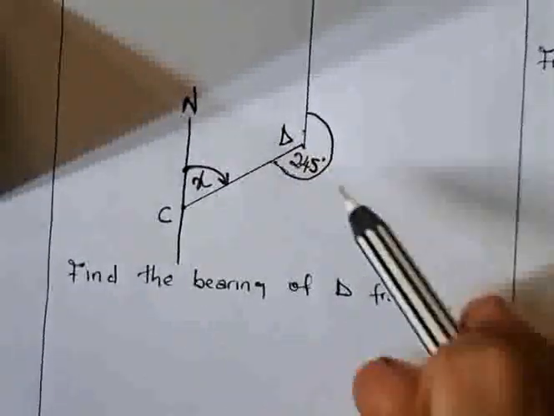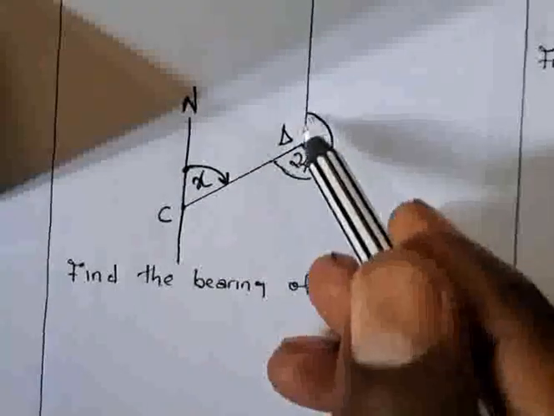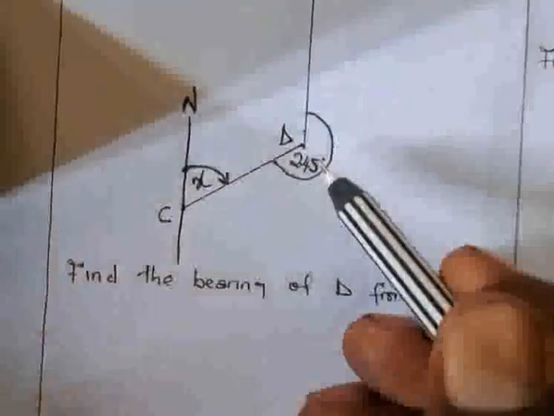We can find D by saying this is angle at a point, so D and the 245 add up to 360.